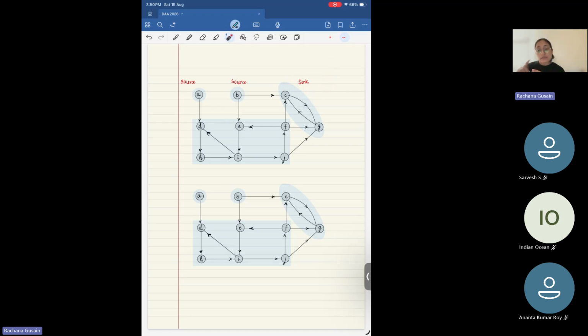That means if someone can give me a node which is in a sink strongly connected component, and I do my DFS starting from that node, I will be able to identify this sink strongly connected component. Correct? Is that clear to all?